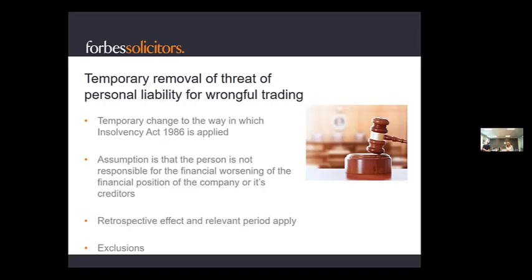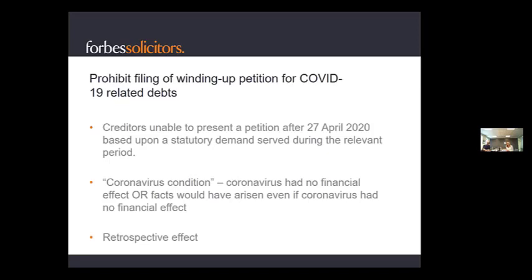So moving on then, looking at the petition position with winding up petitions at the moment. Again, this is a temporary measure, and it seeks to restrict the presentation of a winding up petition, and the key date for this is the 27th of April 2020, whereby a creditor is unable to present a petition which is reliant upon a demand that has been served within the relevant period, i.e. from the 1st of March.